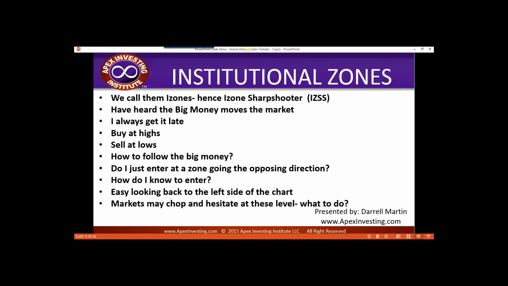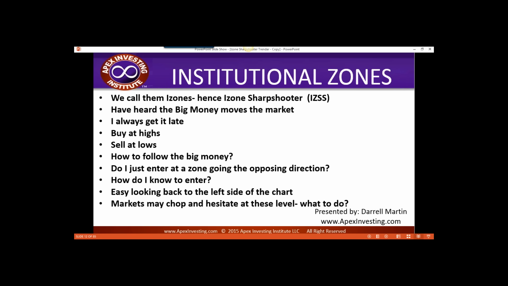But a lot of times that's what happens. We're like, well, I understand that there are these big institutional companies moving the market, or I understand that certain levels of the market are big support and resistance levels based on institutional trades, but I always seem to get in late.